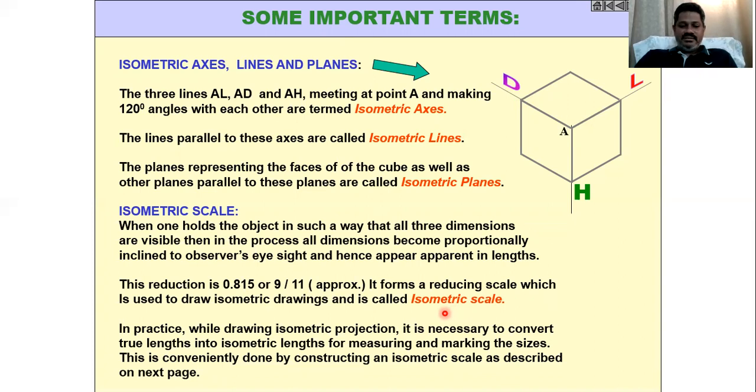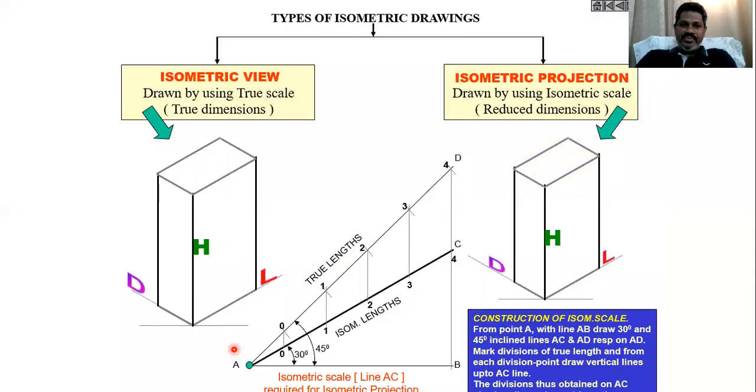In practice, while drawing the isometric projection, it is necessary to convert the true length. Whenever you want to draw the isometric projection, we have to convert the true length into isometric length. Then we have to draw the projection. This is what we require to draw the isometric projection of the component.